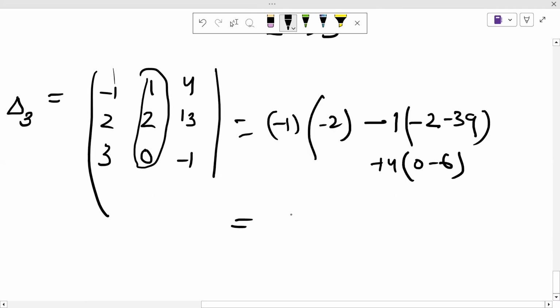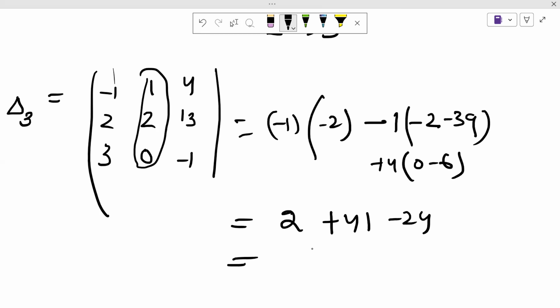Then this is 2 and plus 41 minus 24. Then see this value 43. 43 minus 24, that is 19. So we got the values del 1, del 2, del 3.